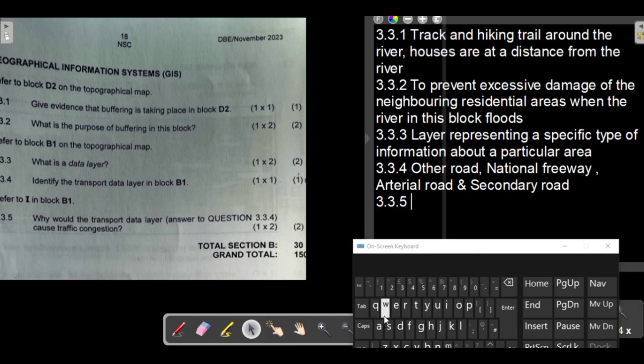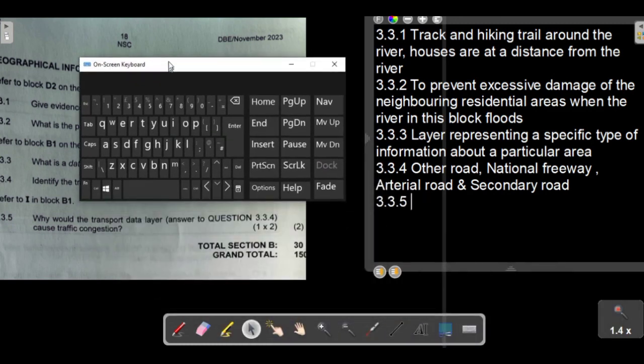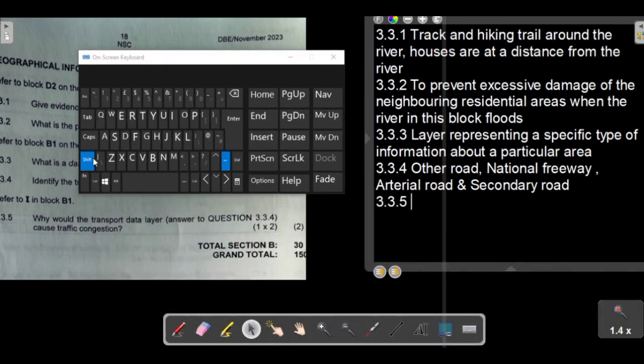What did you guys go with on that question, the last question?